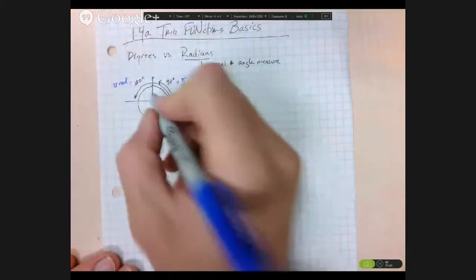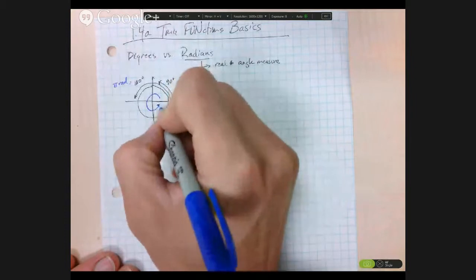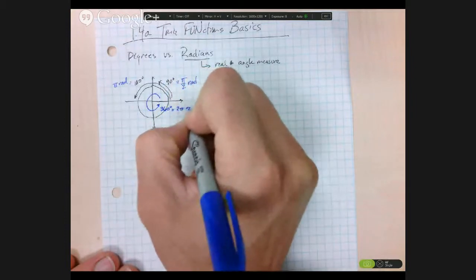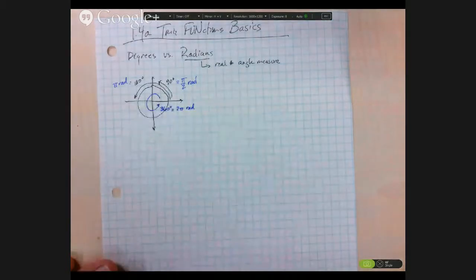The whole circle is 2 pi radians. Now how do we generate that?